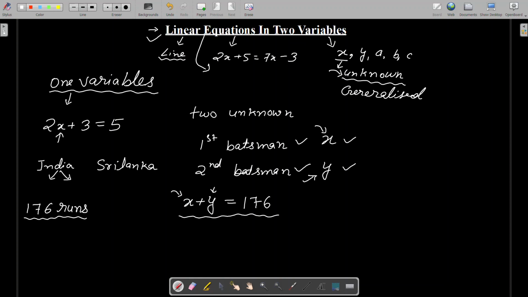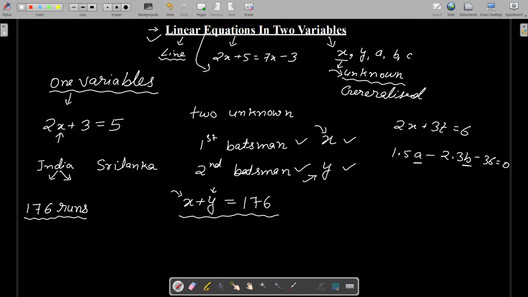Now you may have two variables other than x and y also, like 2s plus 3t is equal to 6, 1.5a minus 2.3b minus 36 equals 0, and so on. So it can be with any two variables.